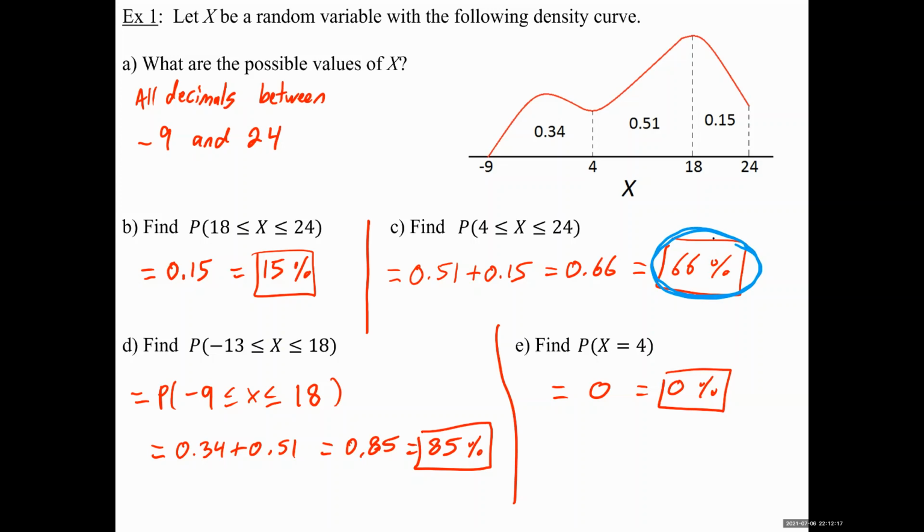If you were to draw a random number from a bag of numbers with this probability distribution, you would draw a number between 4 and 24 about 66% of the time? Exactly, yeah. All right, someone try to do part D. If you draw a number out of the bag with this probability distribution many times, the number will be between -9 and 18 inclusive about 85% of the time.